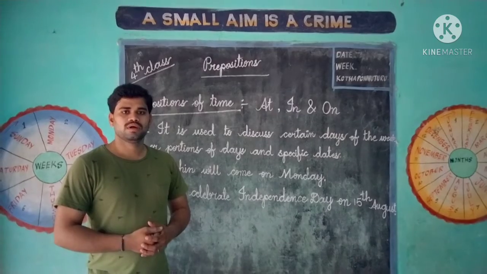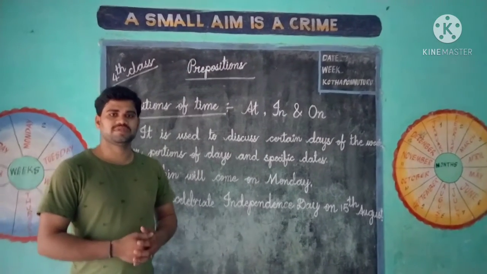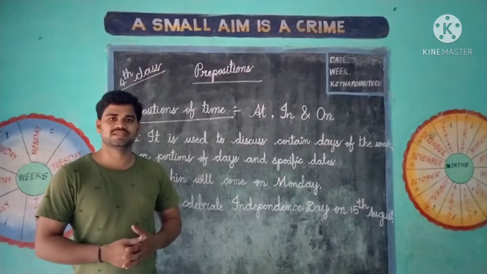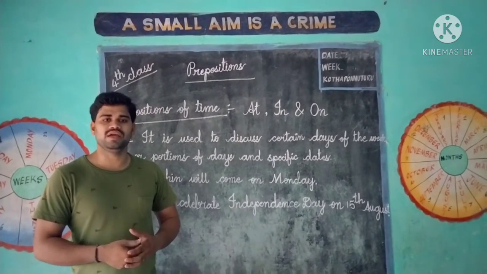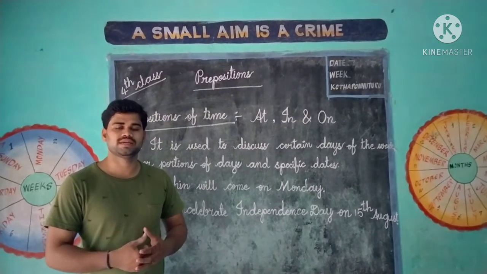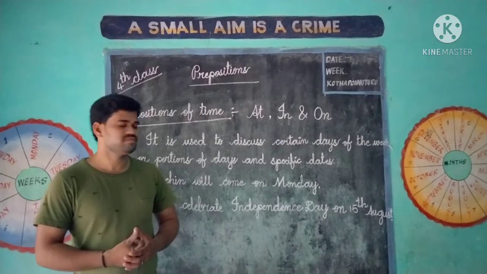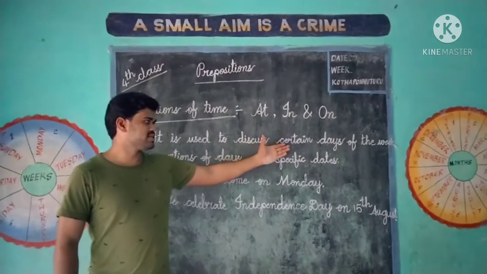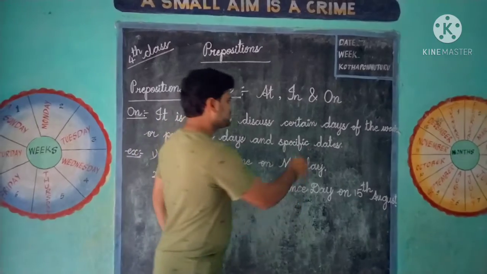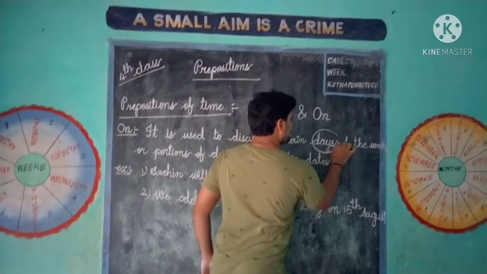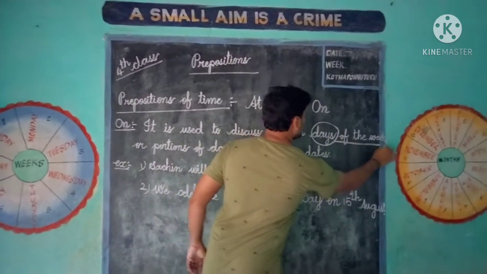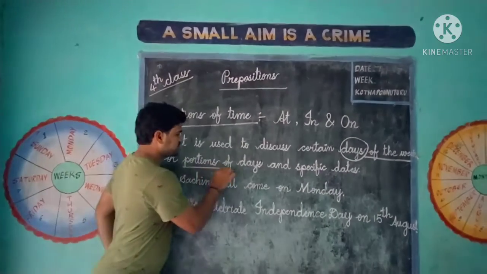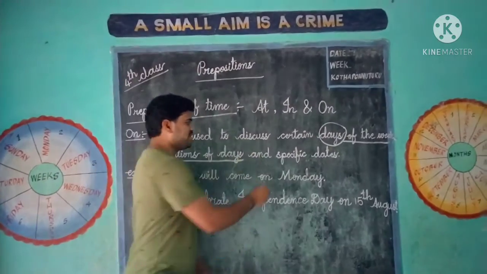Students, next and last preposition is on. On is used to discuss certain days of the week or portions of days and specific dates. Days of the week or portions of days and specific dates.